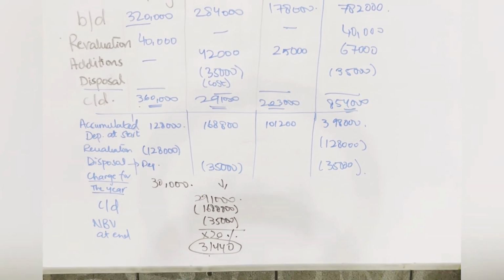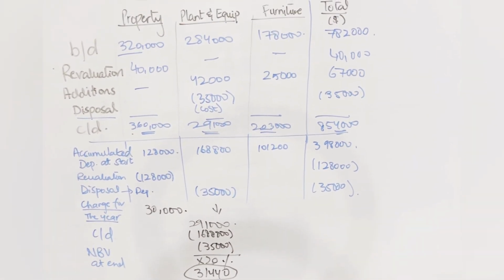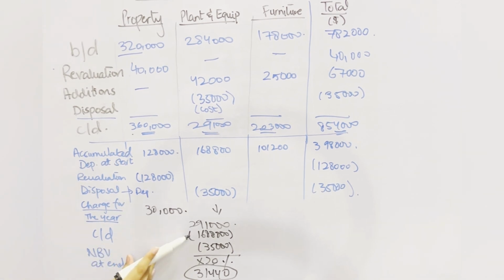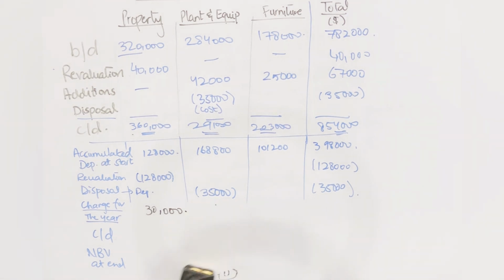I hope things are getting clear to you. It is very simple. 291,000 is the total cost, 168,000 is your accumulated depreciation, 35 is the disposal depreciation, into 20% is 31,440, and you're just simply going to write down this amount here. All right.